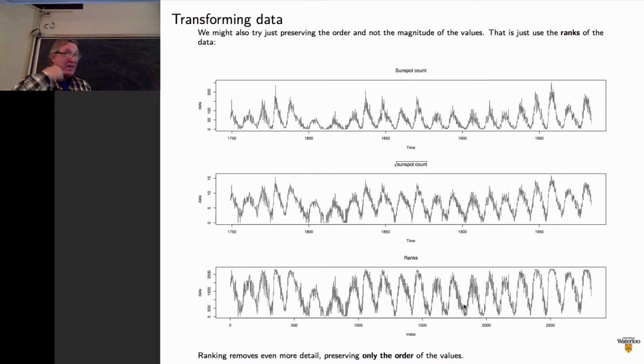Okay? So that's another transformation, and one that is quite strange. In fact, a nonlinear transformation that has a particular effect. One thing that you know that it does is it takes all of those counts which had some density, some distribution, and changes it to a bunch of numbers from 1 to n.